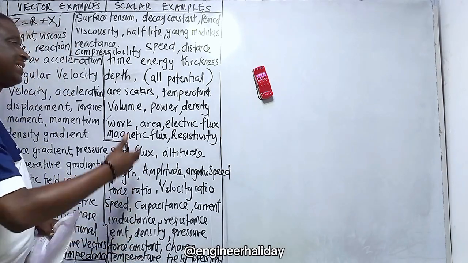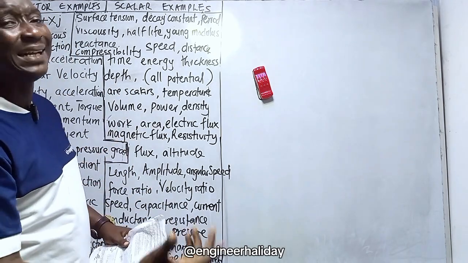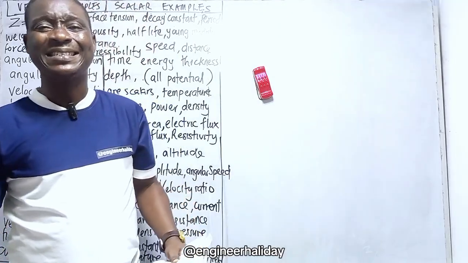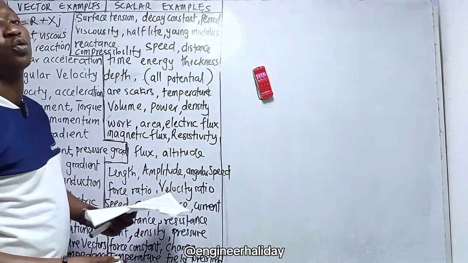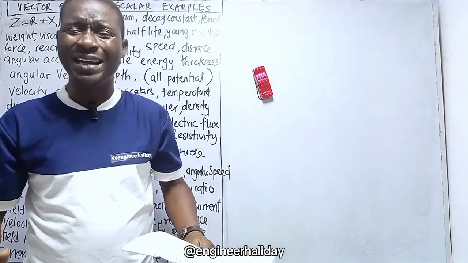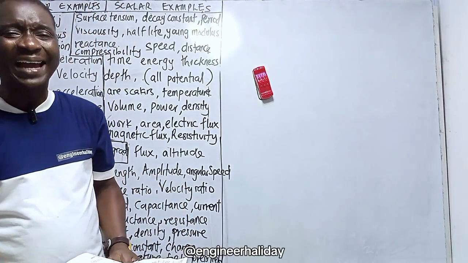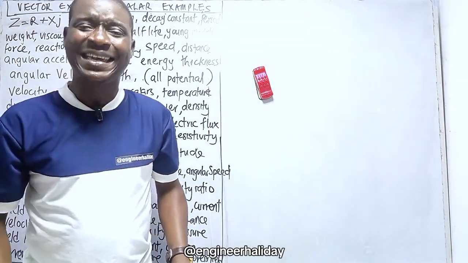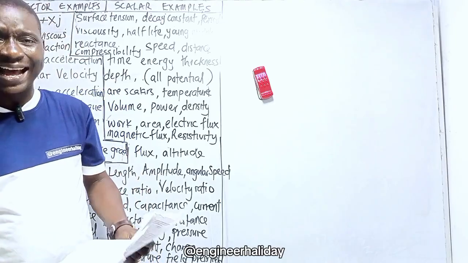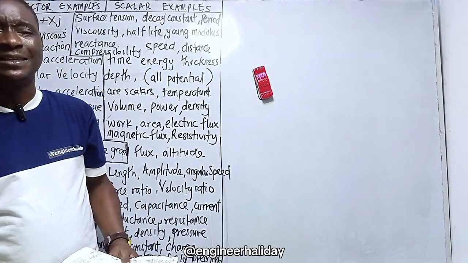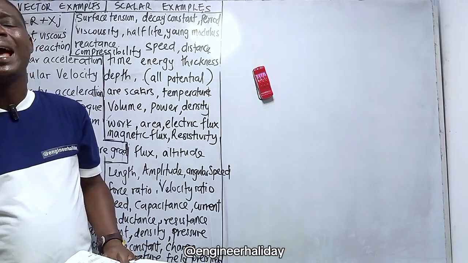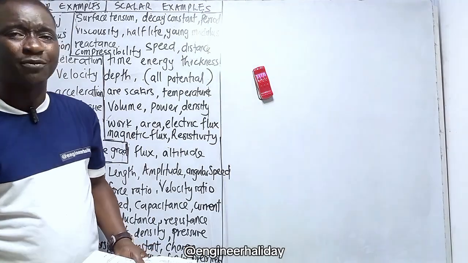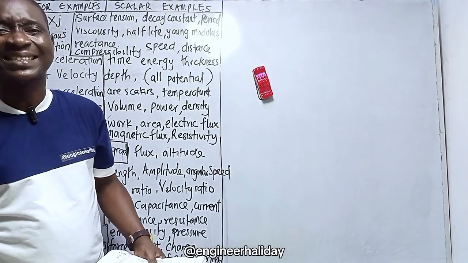Then we have charge, power, density. All energies are scalar. Then work, I did not put work here, probably can add work to it. Power, volume, area, altitude, height, depth, thickness, decay constant, resistance, reactance, resistivity, then current. We have charge, we have energy, and all potentials are scalars.